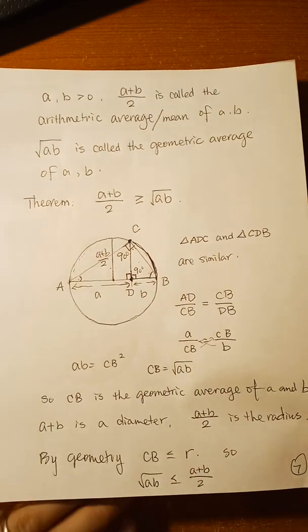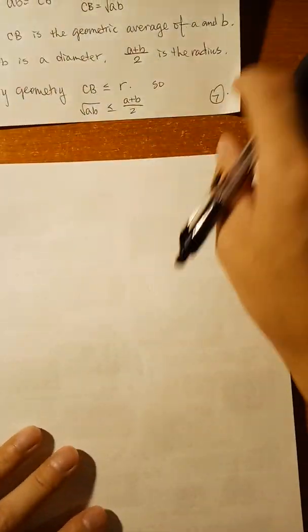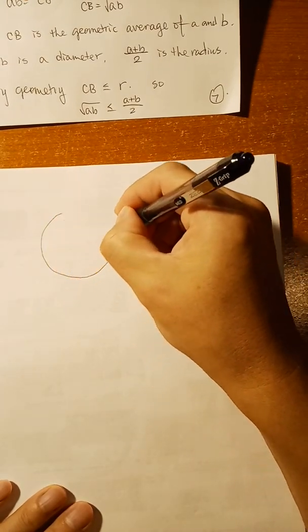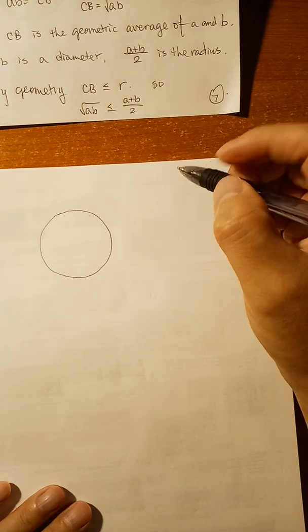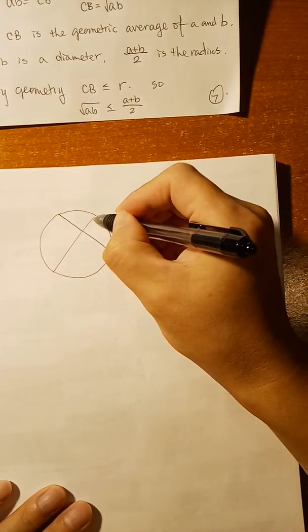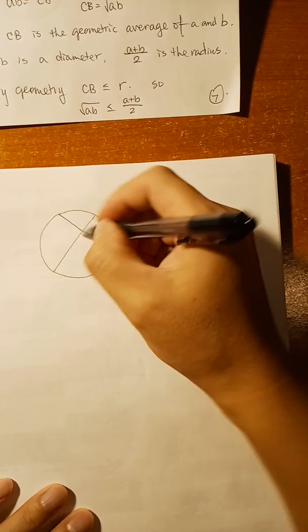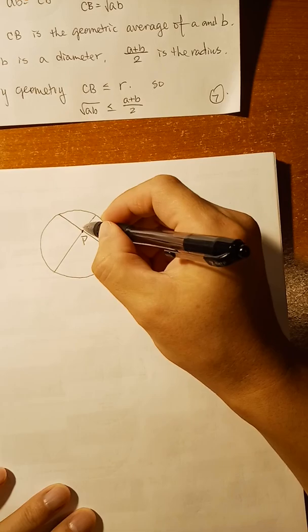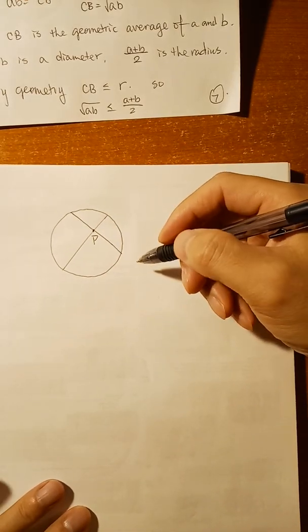Okay, another example, another computation. For a circle, we randomly draw two chords that intersect at a point, let's call it P. P is just some point inside the circle.